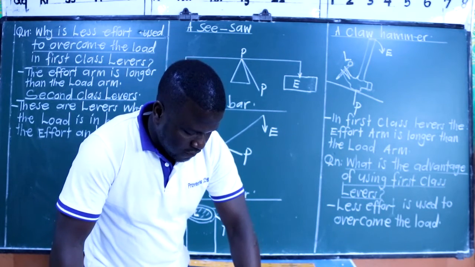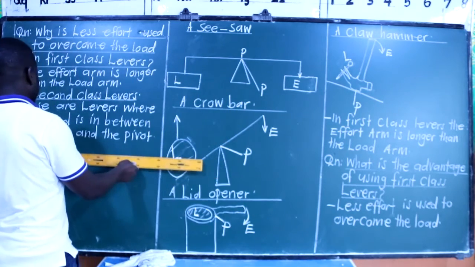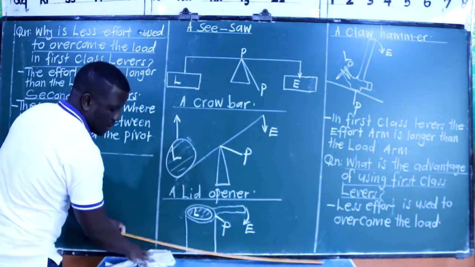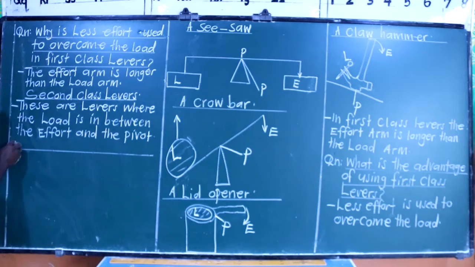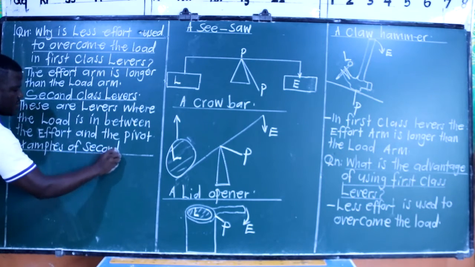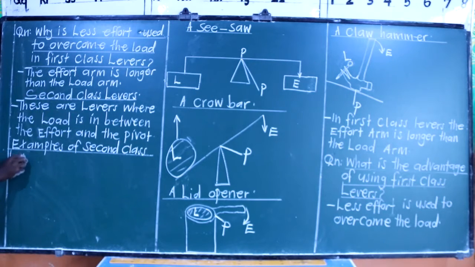So we look at examples of second-class levers. One, we have a wheelbarrow.